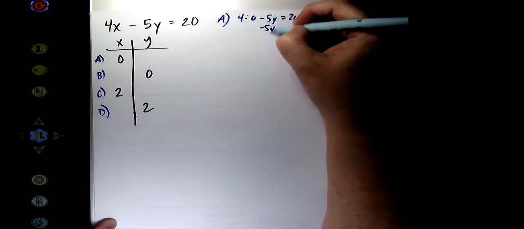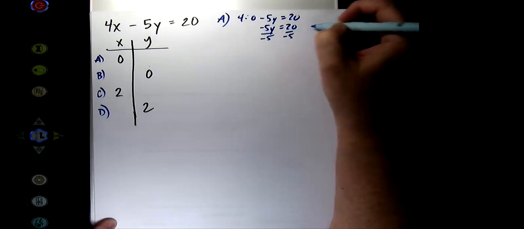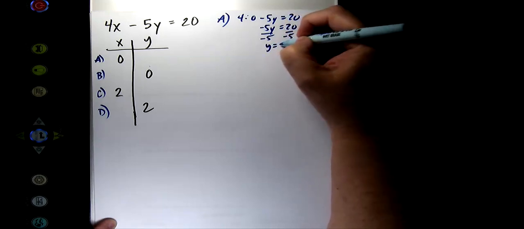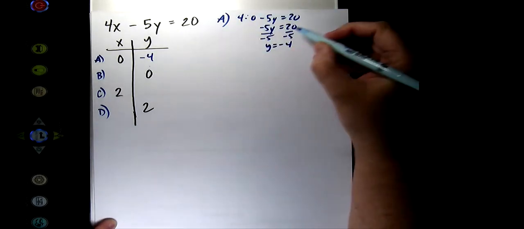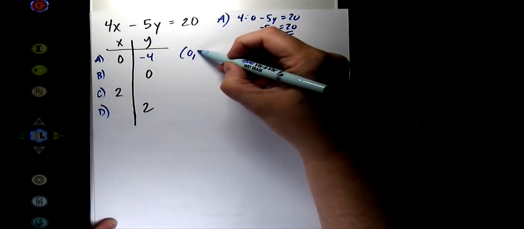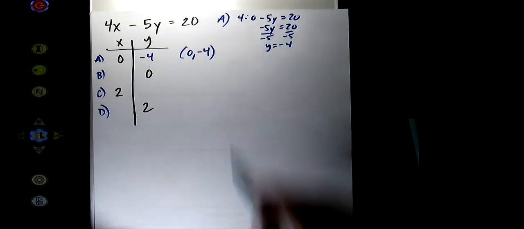So -5y equals 20. Divide by -5, and I get y equals -4. So this is the ordered pair 0, -4.